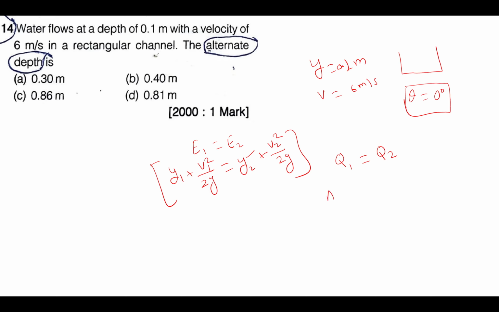So A1 V1 is equal to A2 V2. And this formula, how does Q1 equal Q2 come? If your control volume is fixed, not moving, then this formula comes. It is a big technicality.